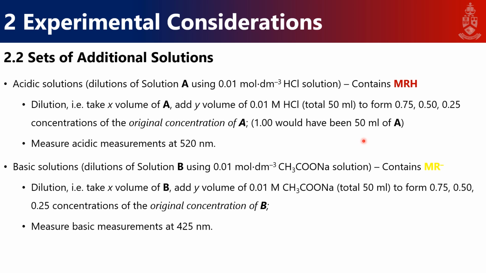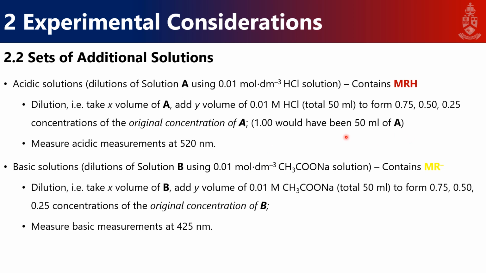These are relative concentrations because it's not the exact concentration of MRH, it's the concentration of A in the 50 milliliters. So these are fractions: 100%, so 1.00, would have been completely 50 milliliters of A.